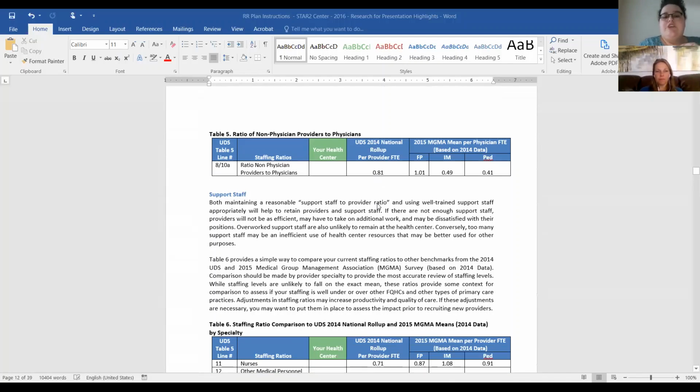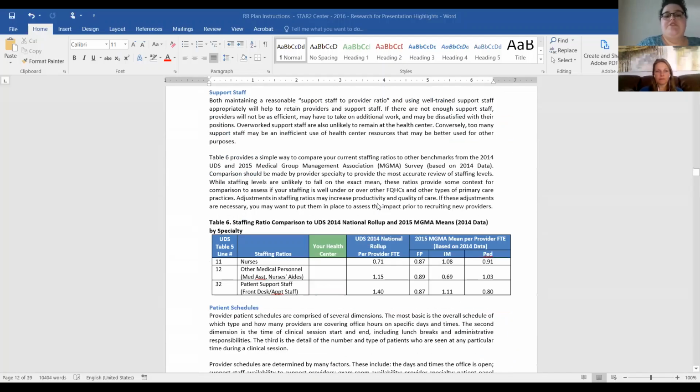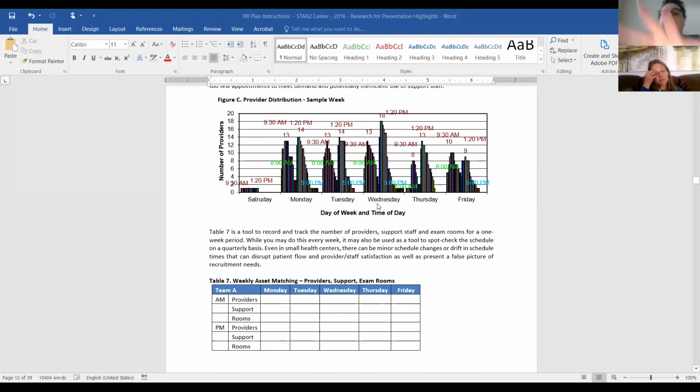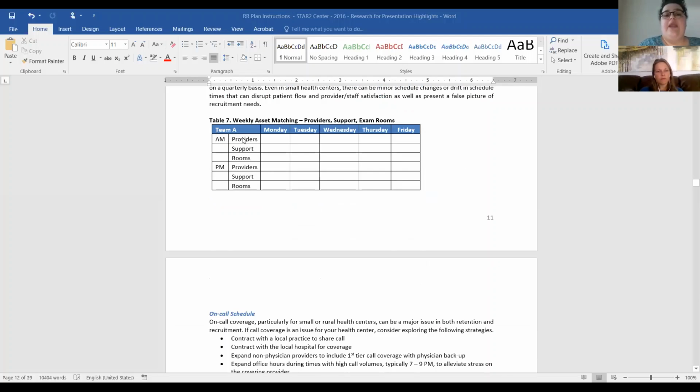So these are the ratios of non-physician providers to physicians, the support staff, patient schedules. Here's a chart that a health center can create, or a graph to look at when their times of high volume are, breaking down every key part. Who are the providers that are working these days? What are the support staff that they have? What are the rooms that are available in the morning, in the evening?